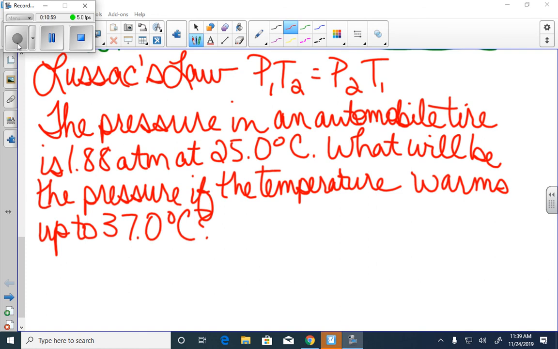Okay, something we don't think about in the real world. We just drive our cars and don't think about the tire pressure, except when a light comes on, or if you don't have a fancier car for that, then when you notice that your tires are getting low. So this is something in the automobile industry, especially the tire industry, that they have to pay attention to, because they have to make sure their tires can withstand a certain amount of pressure or they're going to burst.